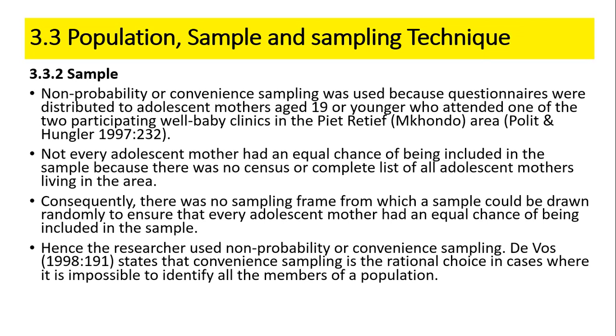In random sampling, we give a chance, an opportunity, to each unit to be included. But in non-probability sampling, there is no such opportunity given. Hence the researcher used non-probability or convenience sampling. So you justify why you have used non-probability or convenience sampling.